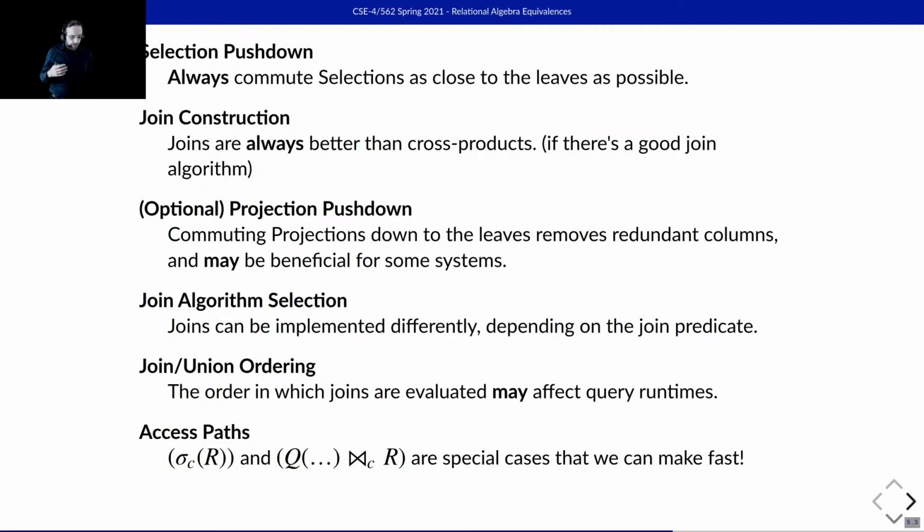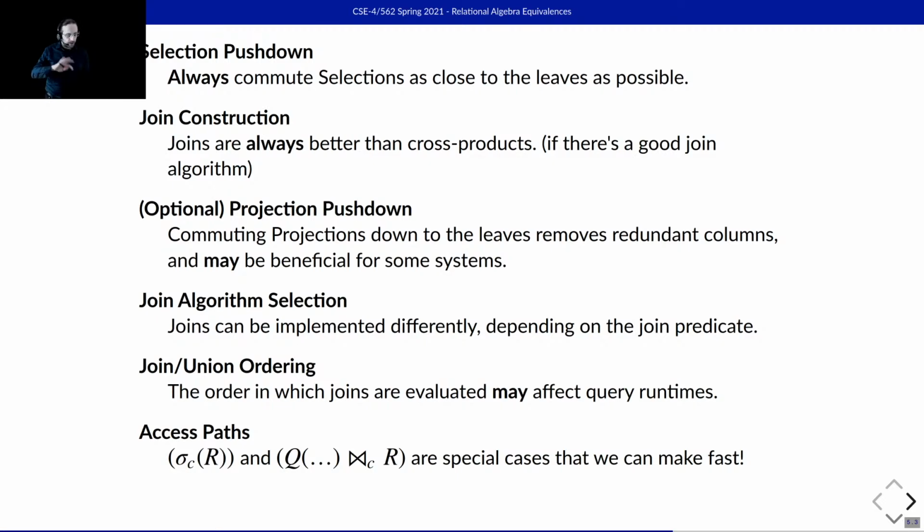There's also a handful of situational algorithms, situational rewrite rules. So joins are commutative and associative. The order in which you evaluate the joins can actually have a fairly big impact on the query runtime, because each join is going to create more data, or in some cases, it's actually going to filter out data. The output of the join might be smaller than the input.